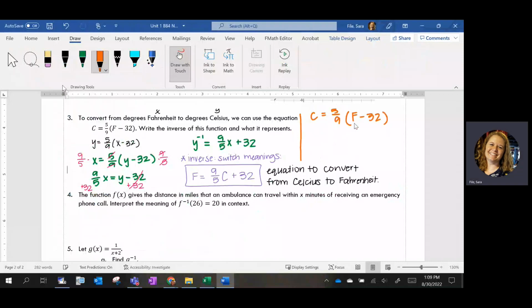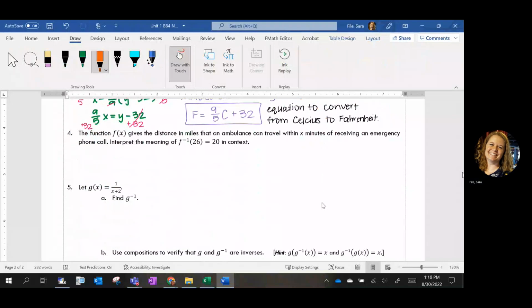So if I were to solve this for f, wouldn't I do the same thing I had done over here? I would multiply the 9/5 over and then add the 32, right? So I would end up with 9/5 Celsius plus 32. Isn't that the same equation I came up with? Okay, so you could think of it that way. Understand that inverse relationship of Fahrenheit to Celsius would be Celsius to Fahrenheit. Good? All right.